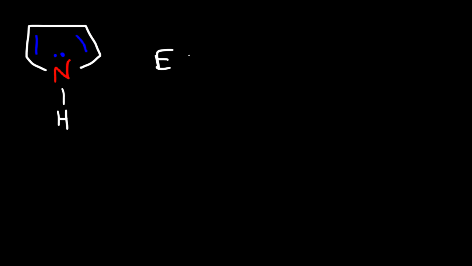Now let's talk about why the attack occurs at the 2 position rather than the 3 position. So let's start back with pyrrole. And so we're going to react it with an electrophile. So the double bond will break and we're going to add the electrophile on the 2 position.